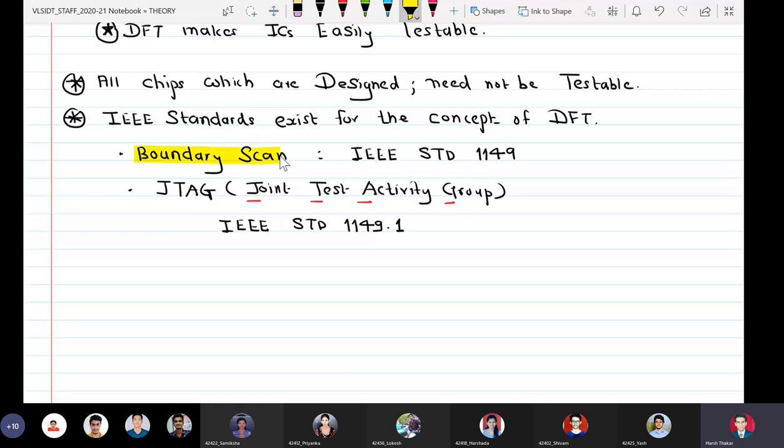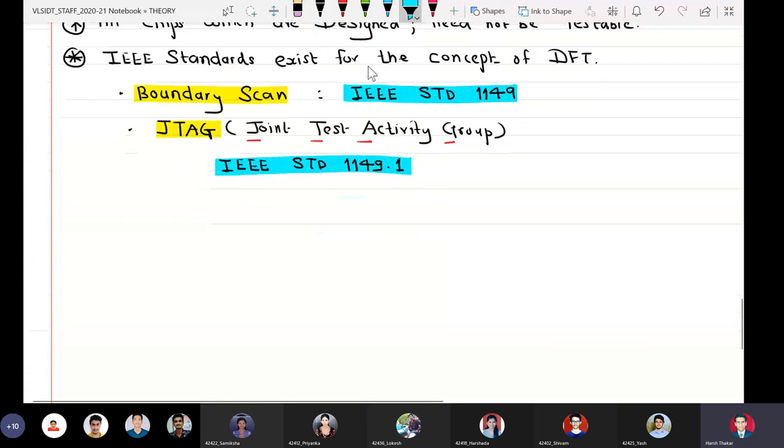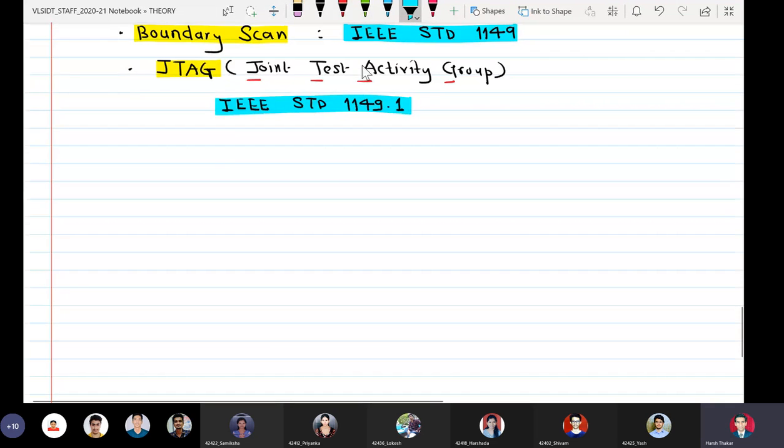Okay, so boundary scan is IEEE STD 1149 and JTAG is IEEE STD 1149.1. There are many kinds of scans. Similarly, as I said, different techniques have existed right from the time testability was found to be critical and crucial in IC design. They are different approaches.